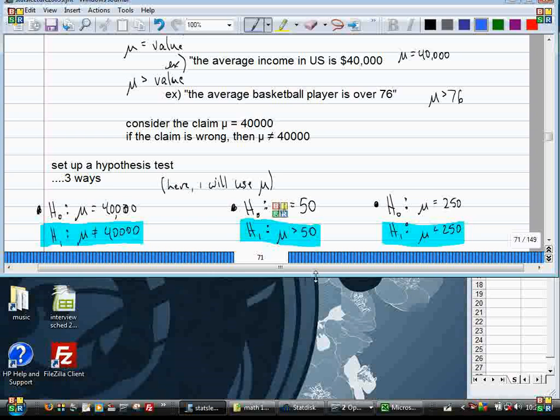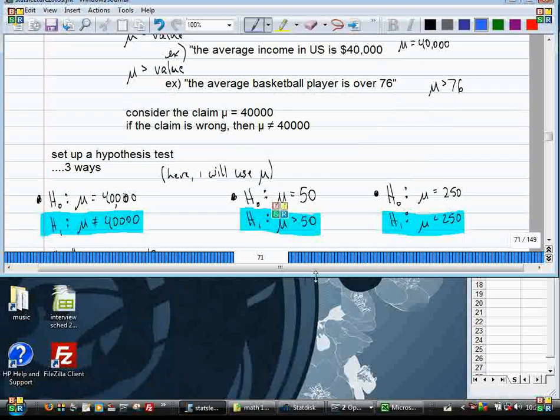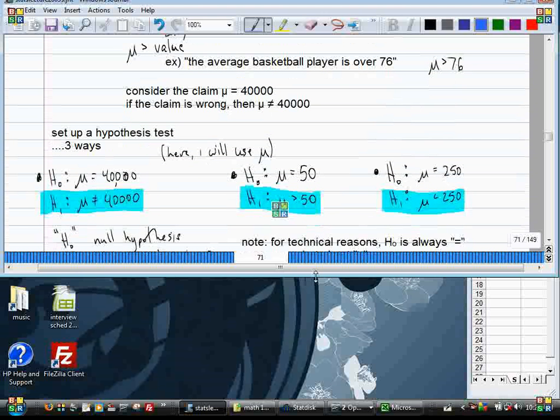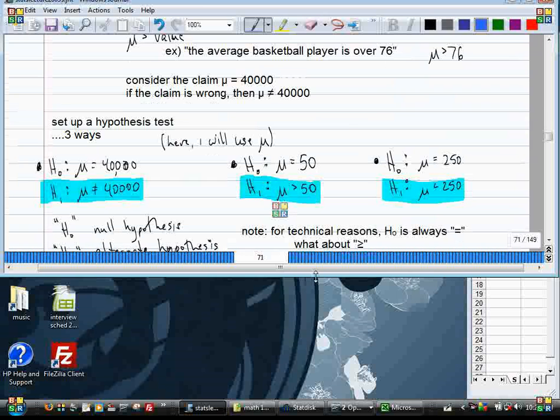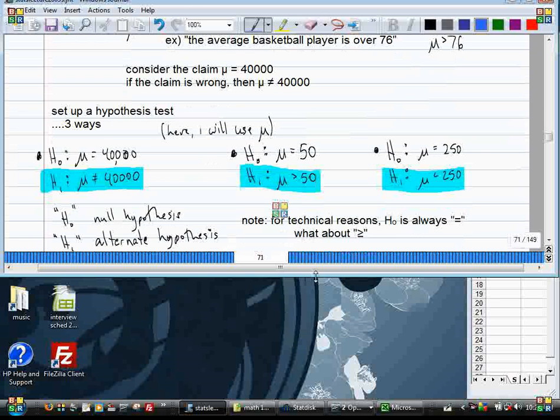I'll usually call them H0 and H1, but if you want to describe them in words, H0 is called the null hypothesis, and H1 is called the alternate hypothesis. H0, H1 is fine. These are made up numbers.